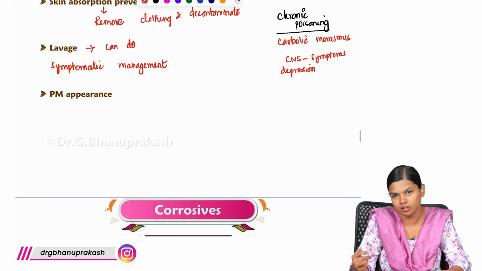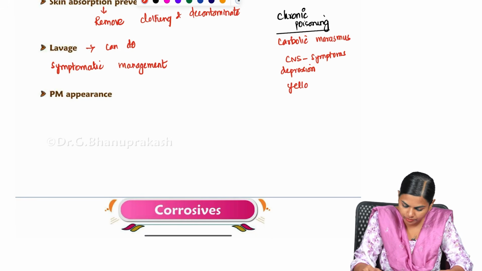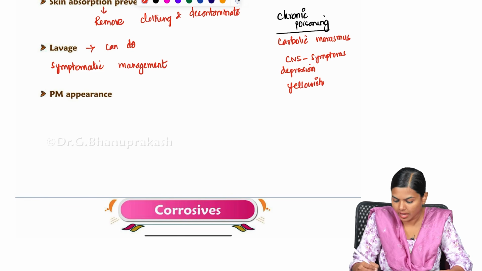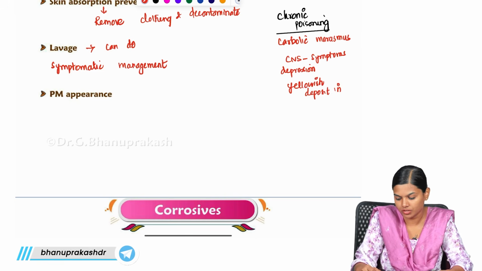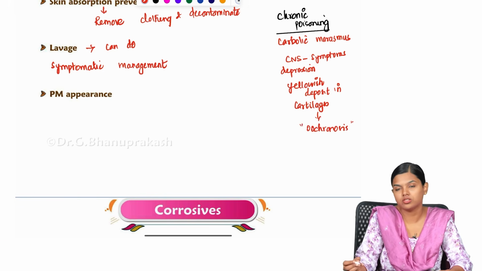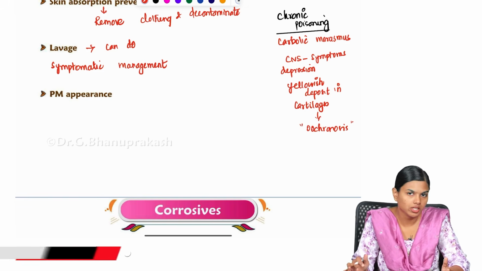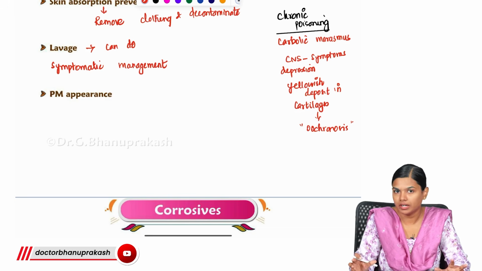They will also be getting yellowish deposits in cartilages, which is known as Ochronosis. So this is also seen in chronic poisoning. Chronic poisoning, we call it phenolic marasmus. There you will be getting this pigmentation, yellowish discoloration or deposit in the cartilage, which is known as Ochronosis.